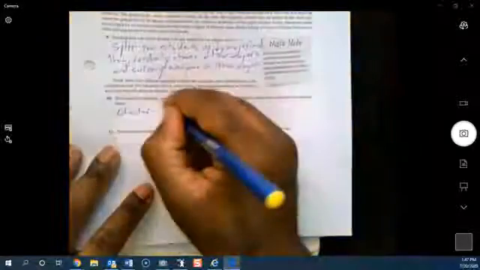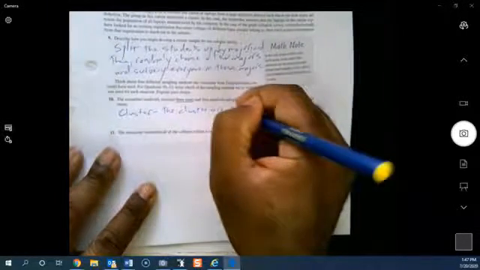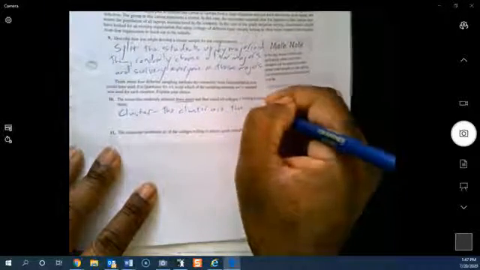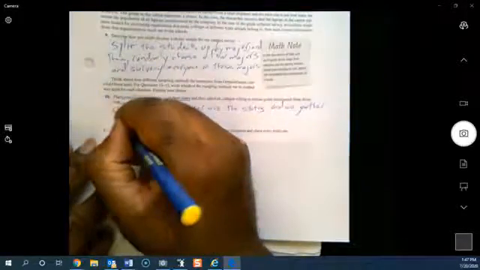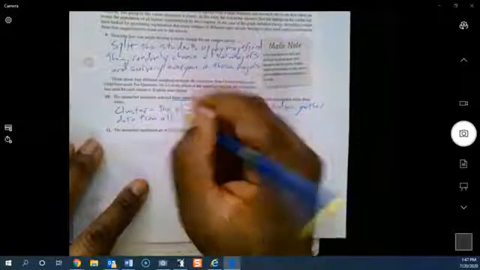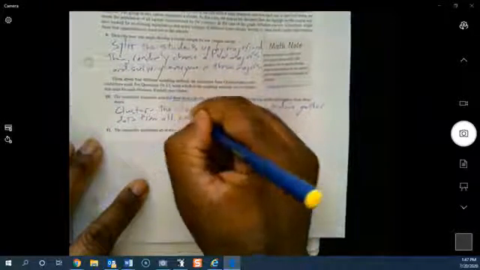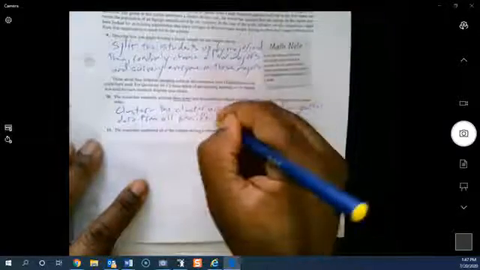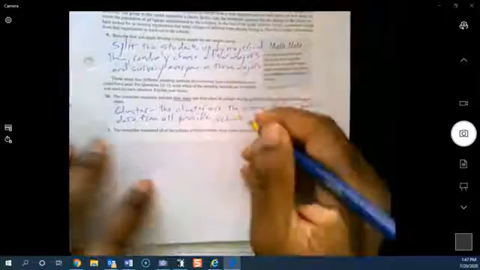The clusters are the states, and we gather data from all possible schools in the selected states.